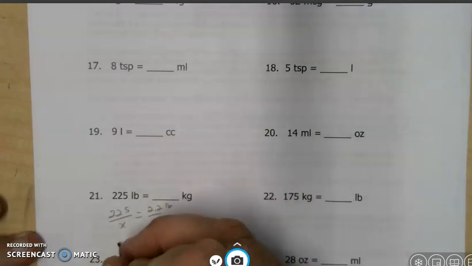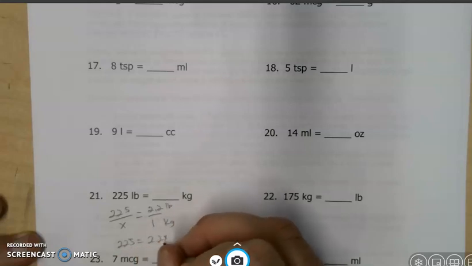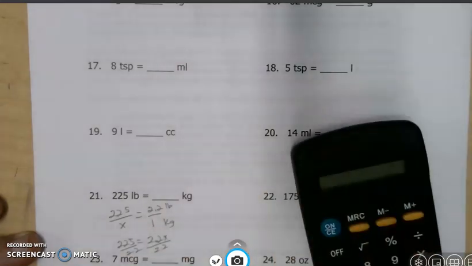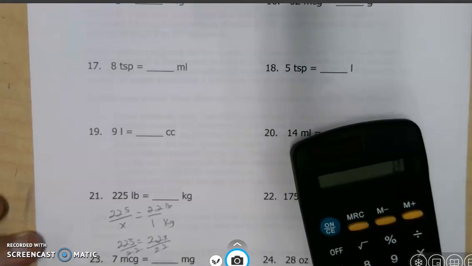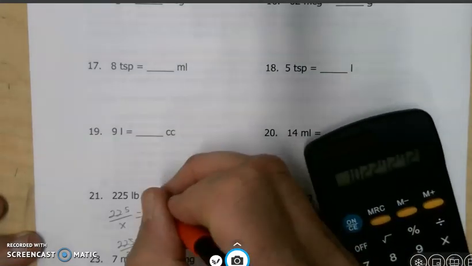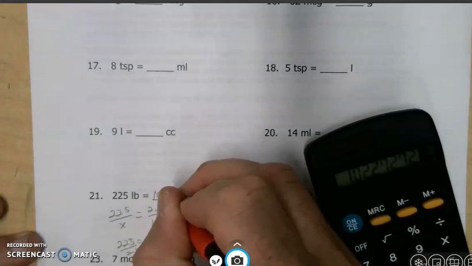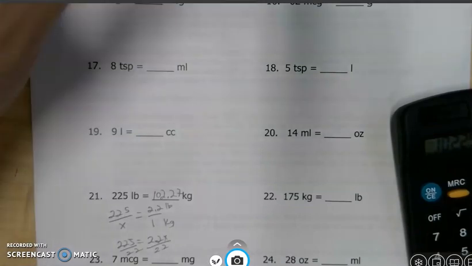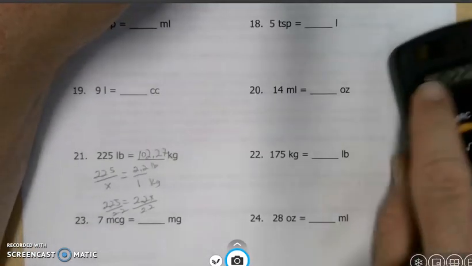So here if I cross multiply, 225 equals 2.2x and divide. 102.27 kilograms. So another way to do this is to use just multiplication with a conversion factor.